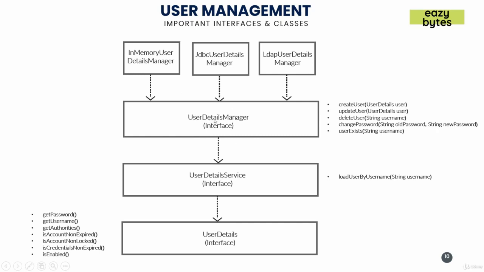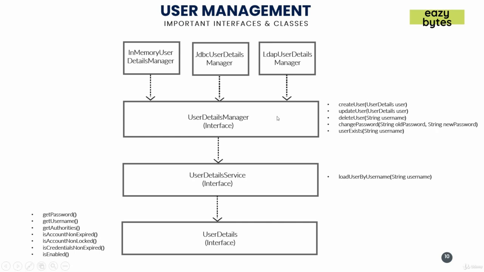Since user details manager extends user details service, along with these methods, it also inherits load user by username. The user details manager handles everything like maintaining the users and fetching the username, whereas user details service only has the method called load user by username, which will fetch the data.